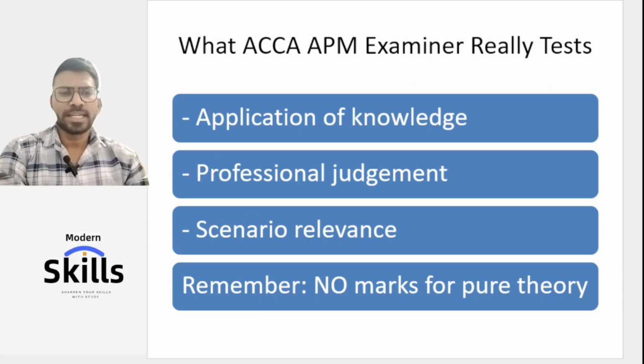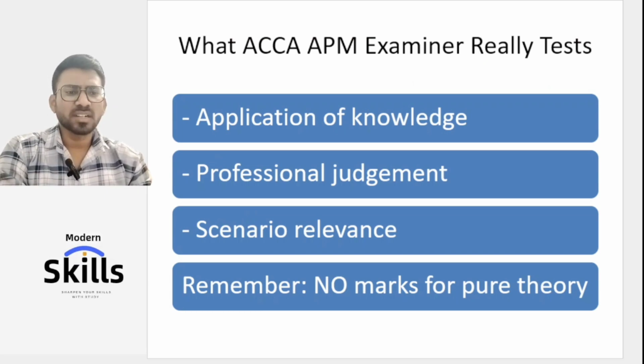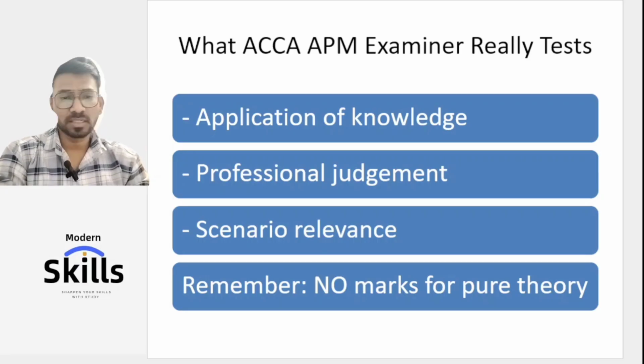Before we get into the method, let's quickly understand how APM cases are designed. APM case study questions test three things. First, application, not just definitions. Second, professional judgment, which means a balanced argument. And third, relevance to the scenario, that is, linking every point to the case study.